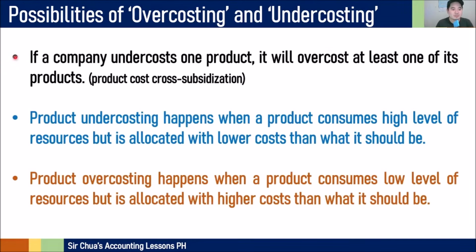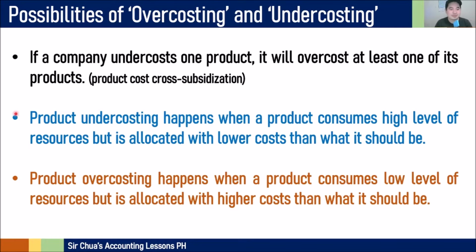Because if a company undercosts one product, it will overcost at least one of its other products, and that's what you call product cost cross subsidization. Because if a lower cost is allocated to one product, another product will suffer because it will absorb that cost, so its product cost goes up. So when one product is undercosted, if that's correct English, then another product will be overcosted. That's what you call product cost cross subsidization.